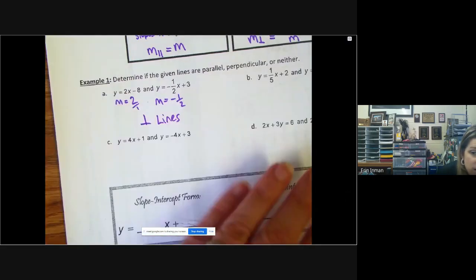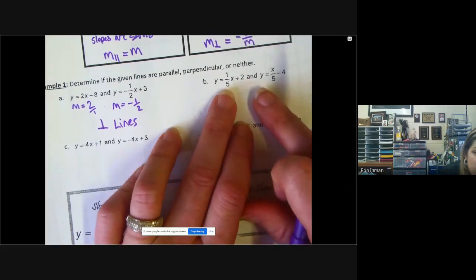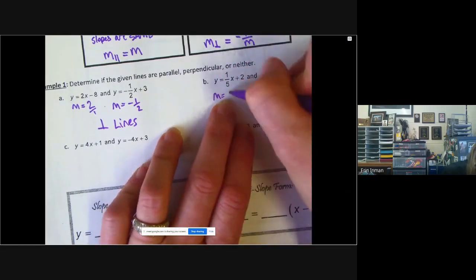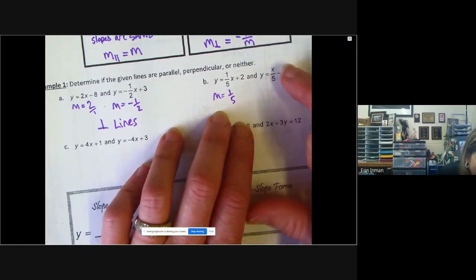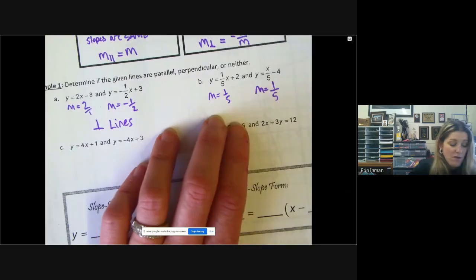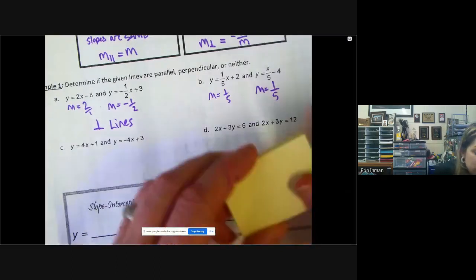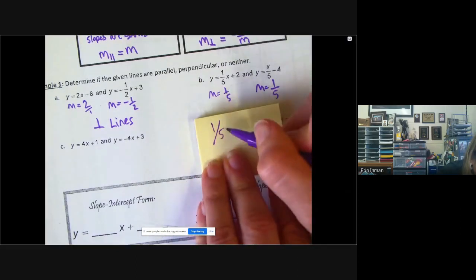Okay. On this next example, we have a slope in this first line of 1/5, and our slope in our second line is just another way to write 1/5. They do this mainly when I'm typing and I don't have an equation editor, so I wouldn't be confused.